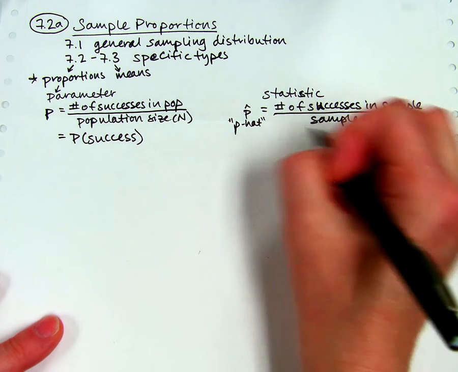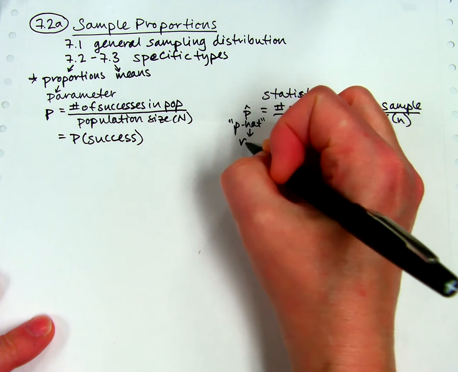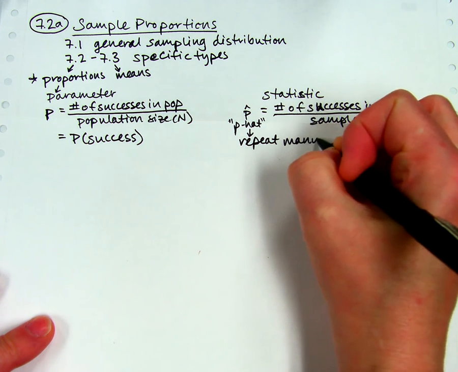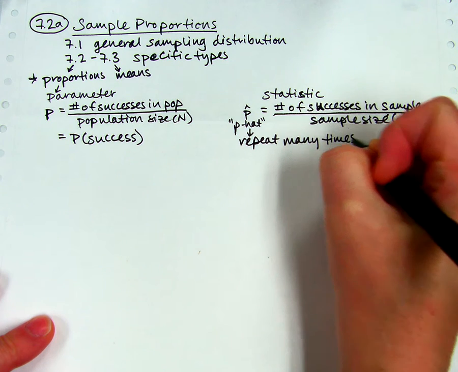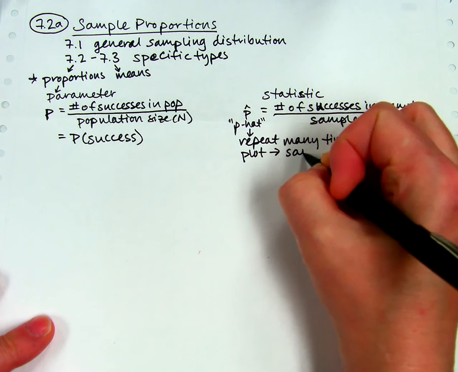So if you take this p hat thing and you do it with lots and lots of different samples, you repeat it many times, and you plot it, what you get is the sampling distribution of p hat.